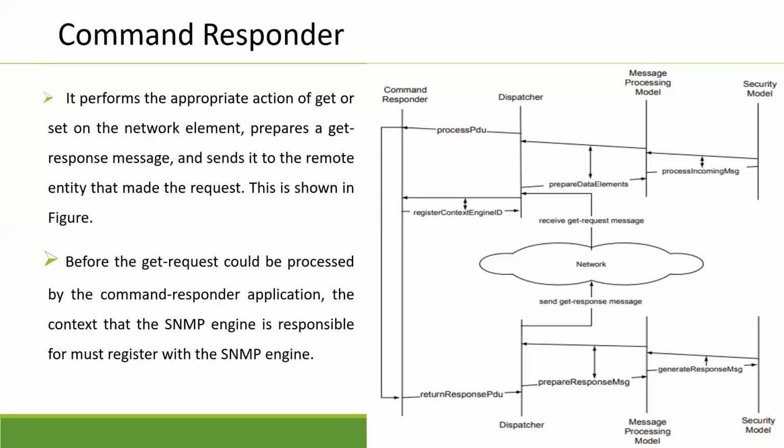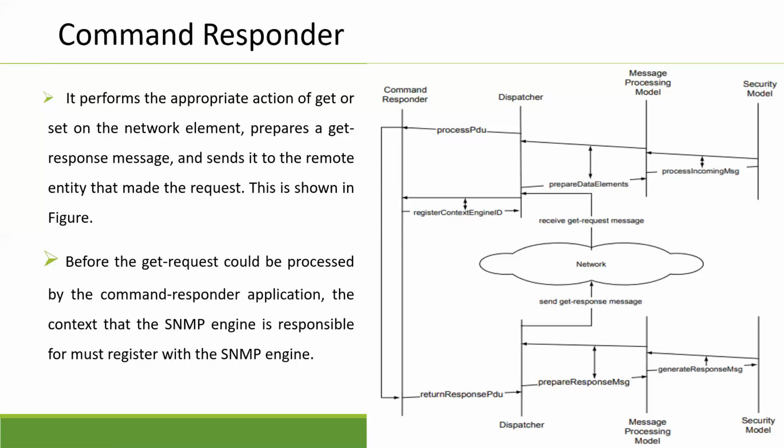Then, the dispatcher in the SNMP agent receives the message. The message is processed by the NPM and the SM and is returned to the dispatcher, assuming that the managed object has registered its context engine ID with the dispatcher using register context engine ID.